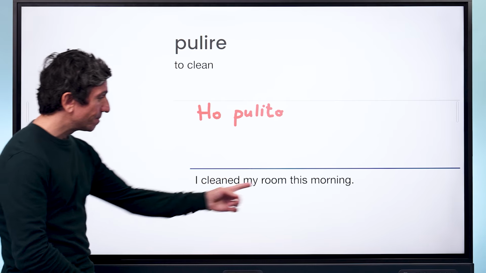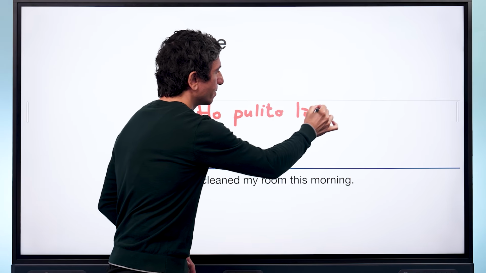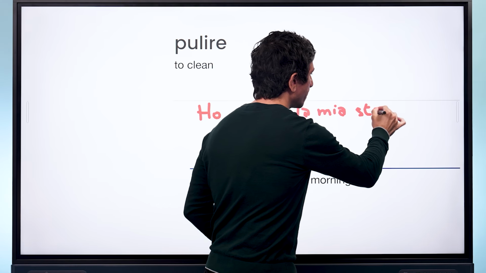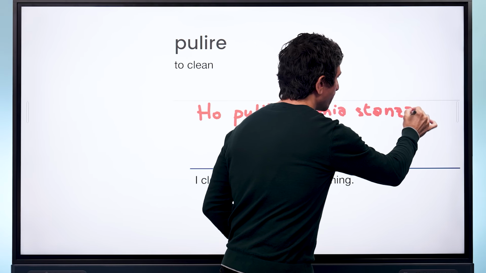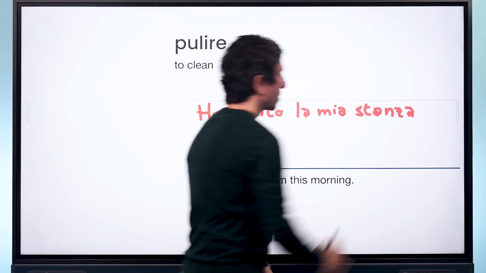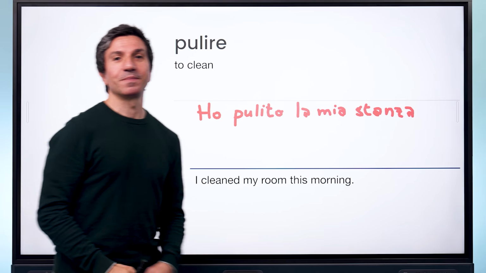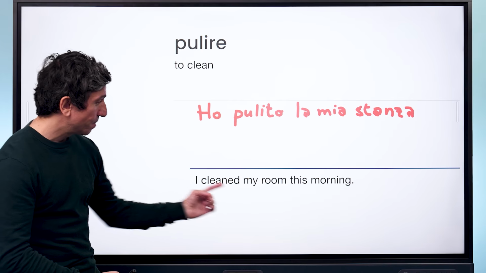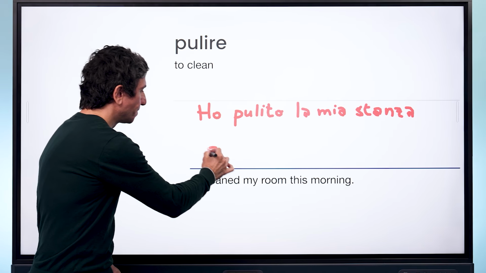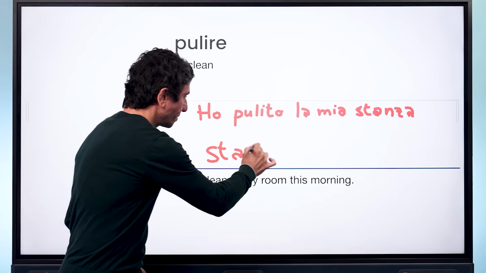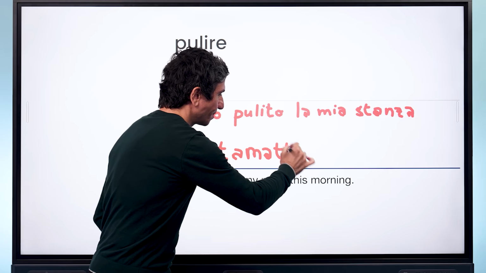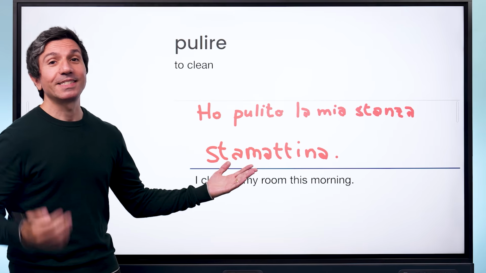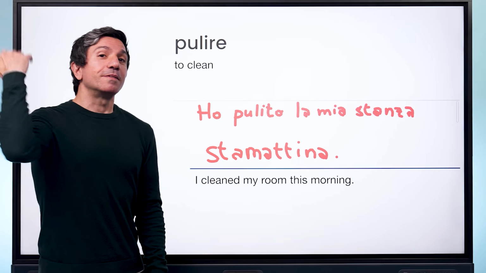Next, la mia stanza, meaning my room, followed by stamattina, meaning this morning.